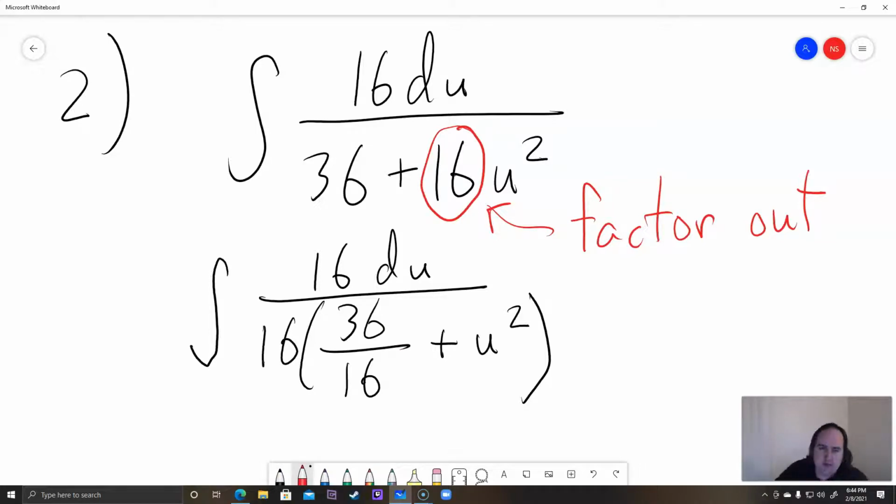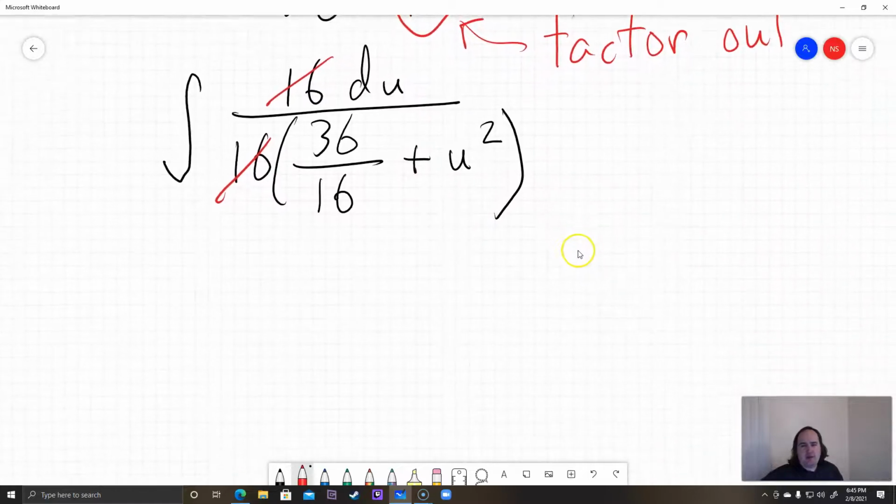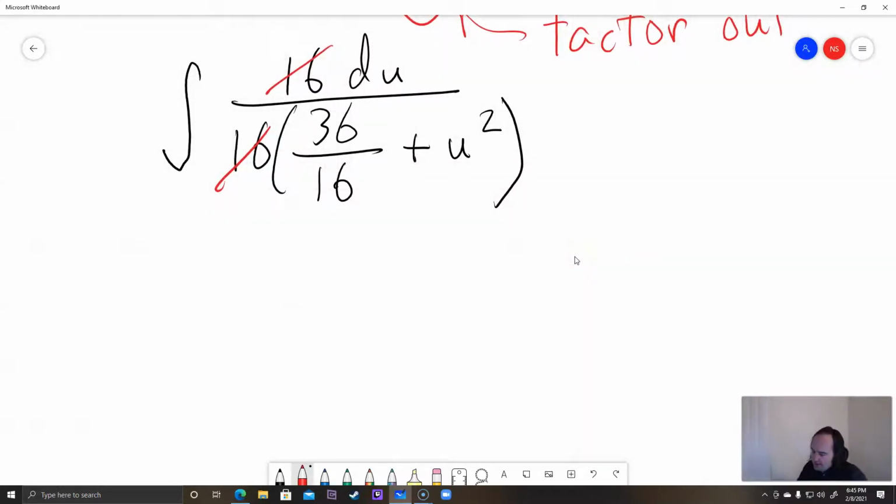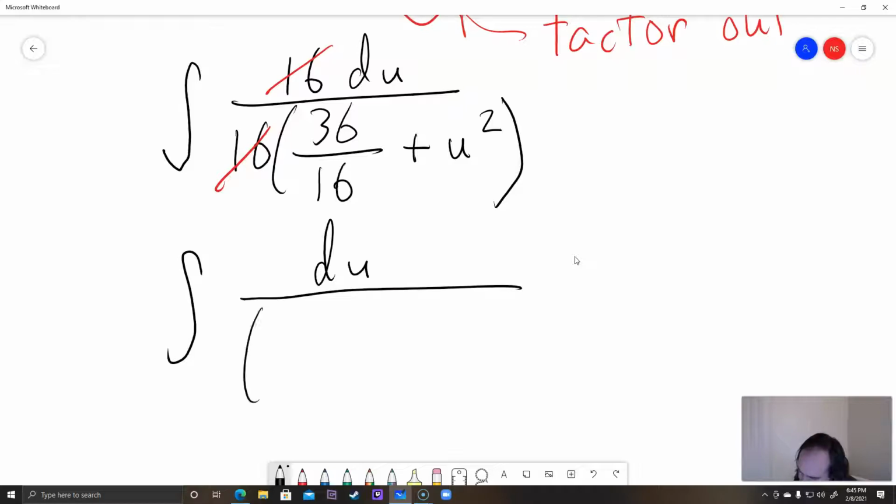And then notice we have a 16 on the top and the bottom, so these are going to cancel out. Now we've got the integral of du over 36 over 16 plus u squared.